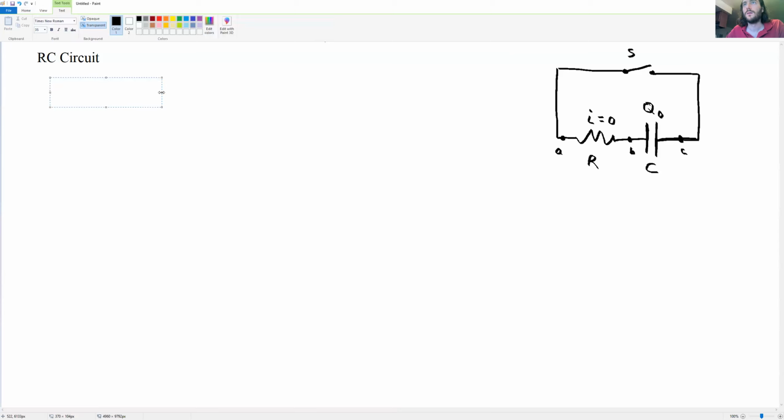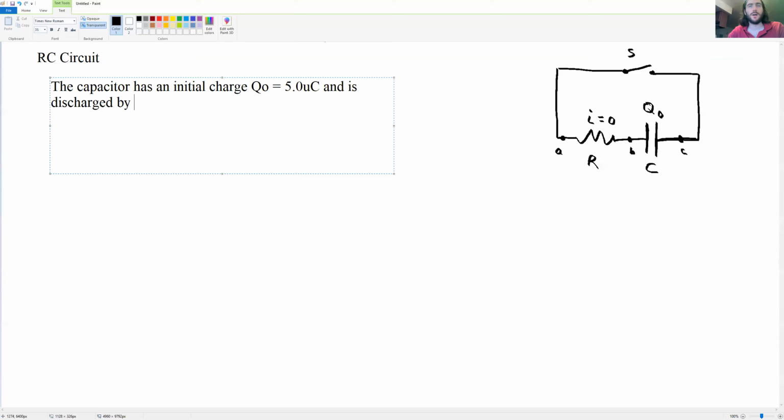So the capacitor has an initial charge, Q equals 5.0 microcoulombs, and is discharged by closing the switch at t equals 0.